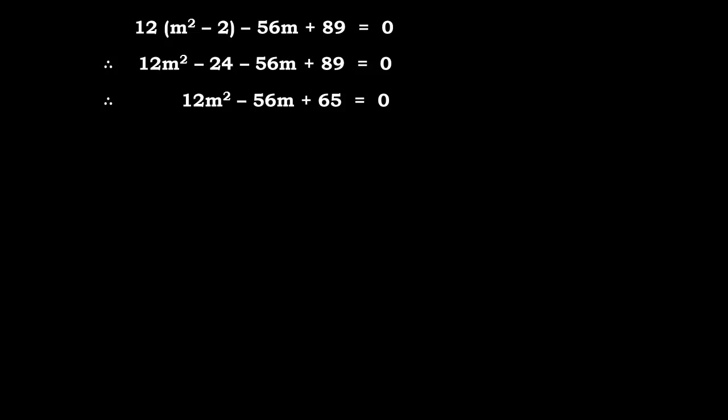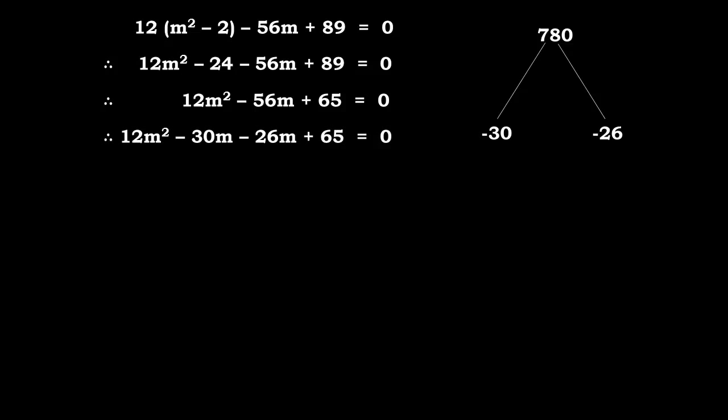Now see student, first you have to multiply 12 and 65, we get 780. You have to take factors of 780 so that its addition will become -56. And see, the factors of 780 are -30 and -26. So you can split the middle term: 12m² - 30m - 26m + 65 = 0. You can make groups of 2.